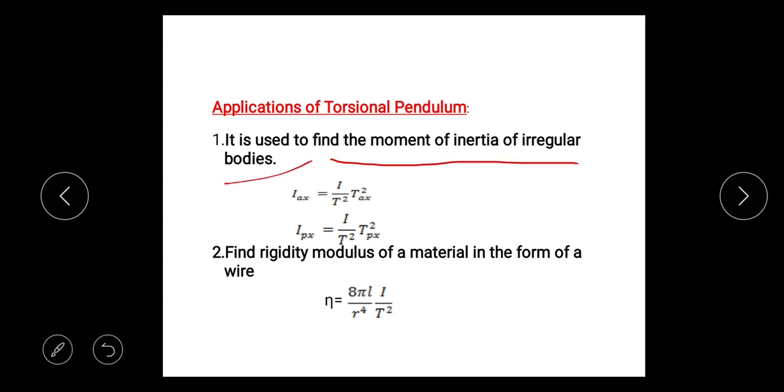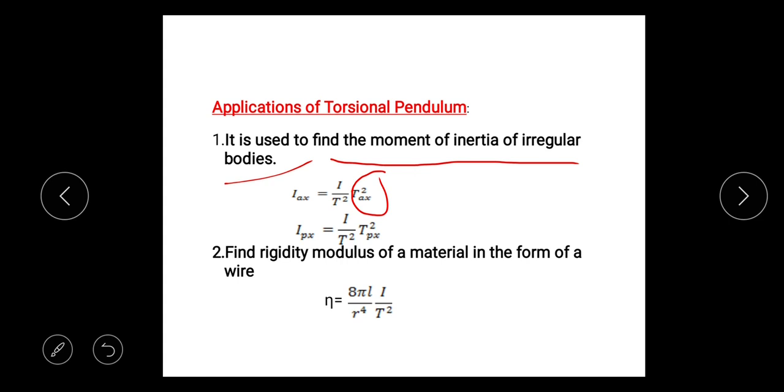Here two cases are given: moment of inertia along the plane, and moment of inertia perpendicular to the plane of an irregular body. That is equal to I/T² multiplied by T²_ax, where I is the moment of inertia of the regular body, T is the period of oscillation of the regular body, and T²_ax is the period of oscillation of the irregular body while it is fixed along the plane.